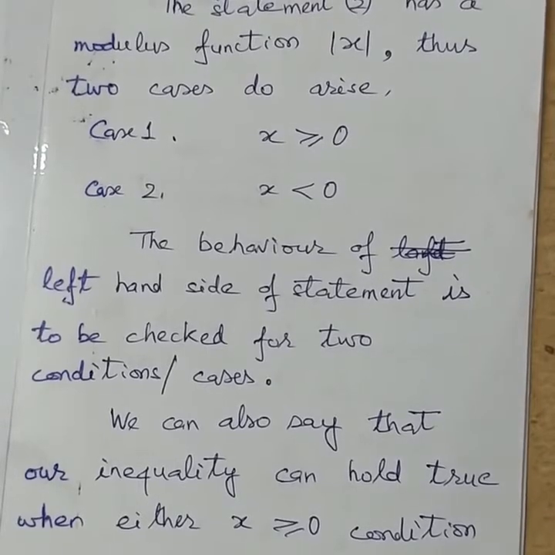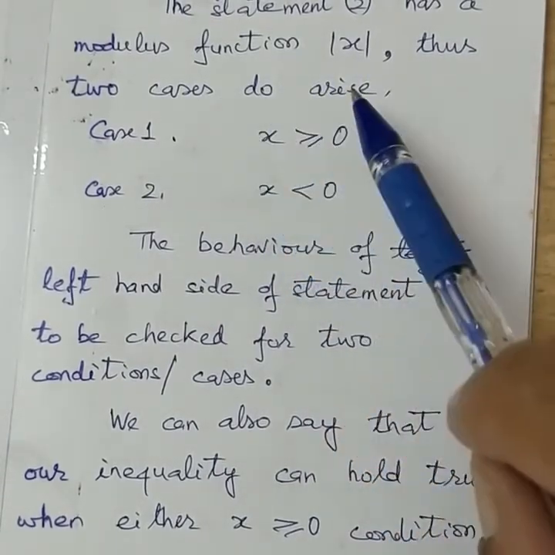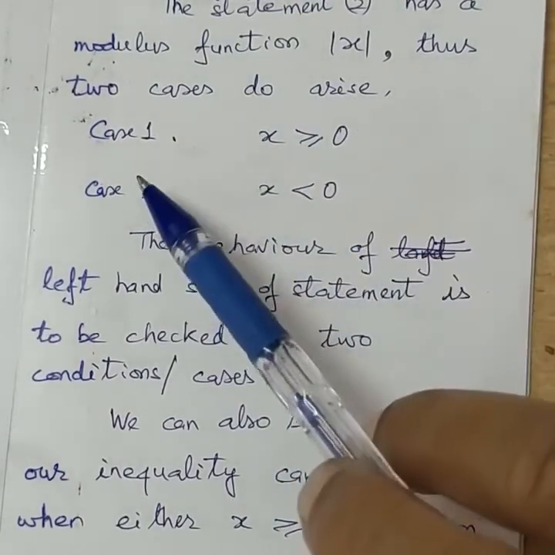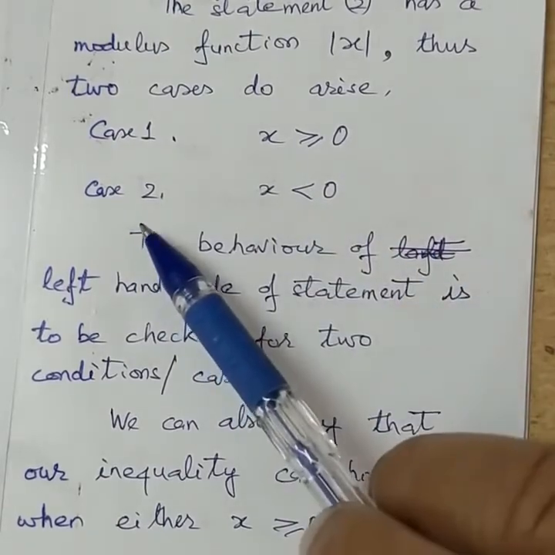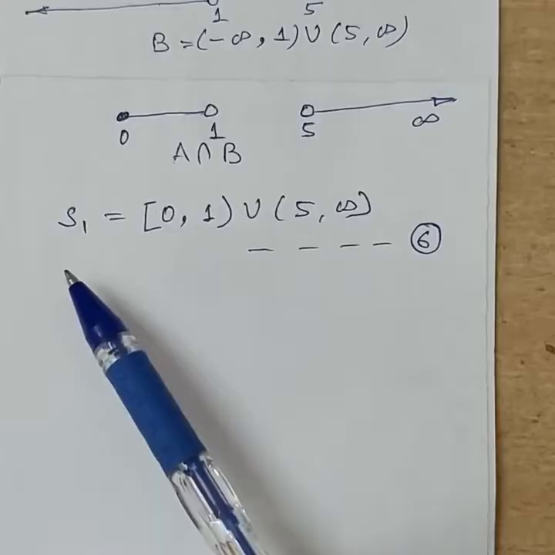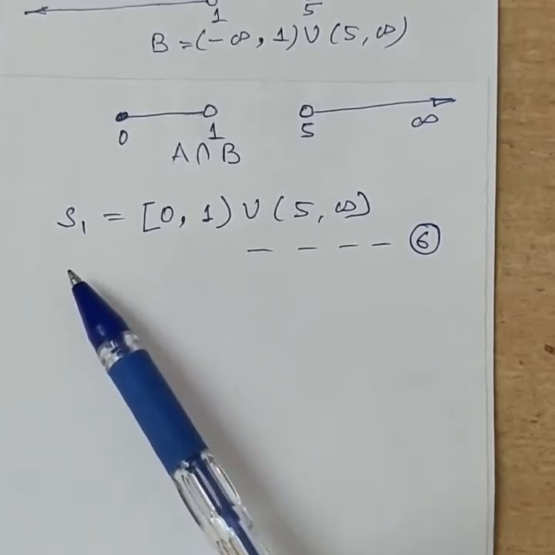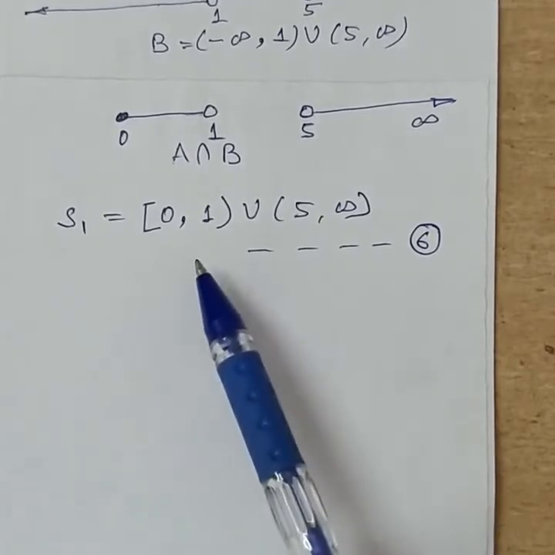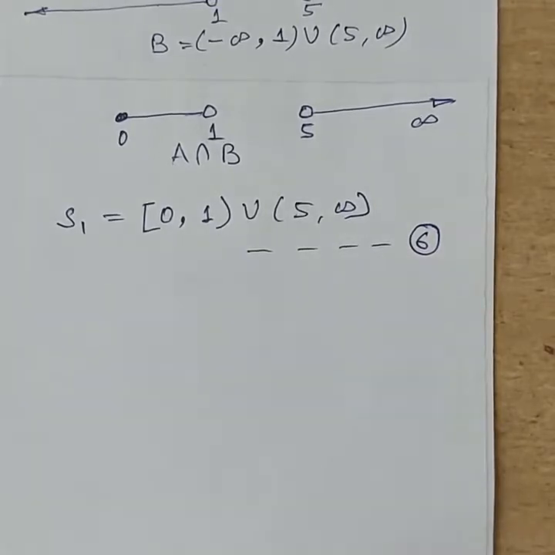We had also discussed that statement 2 has a modulus function of x. Thus, there are two cases: case 1 when x is greater than or equal to 0, case 2 when x is less than 0. In part 7, we solved case 1 and found the solution set S1 as 0, 1 union 5 infinity. Now let us continue the solution in this part.